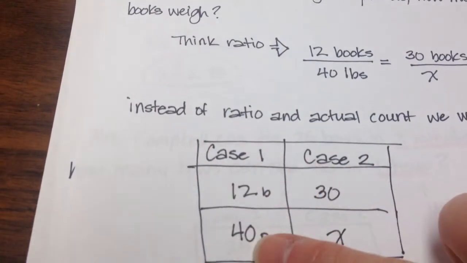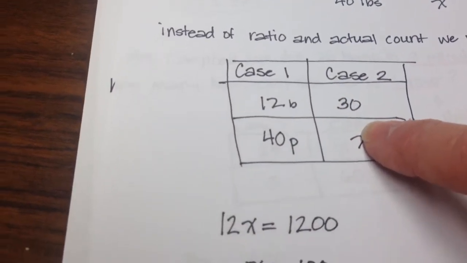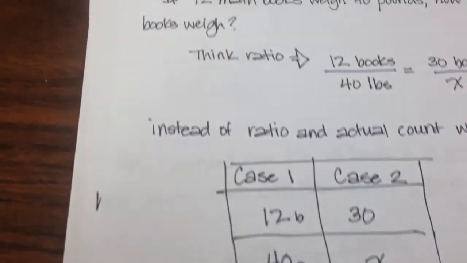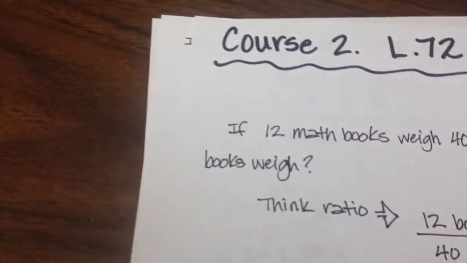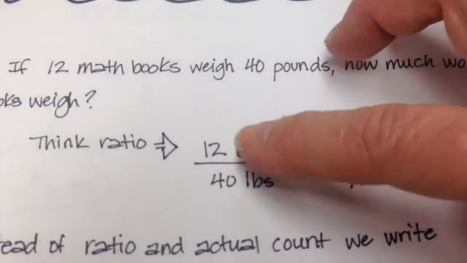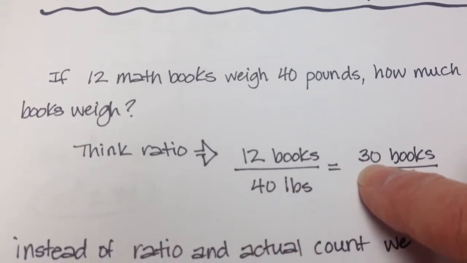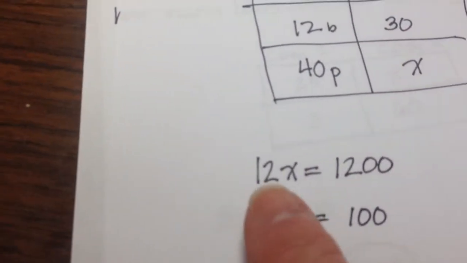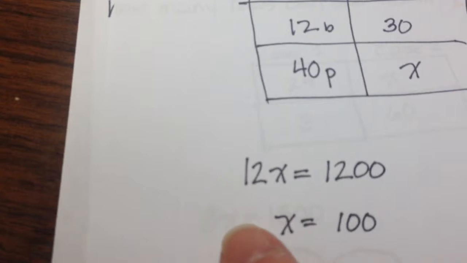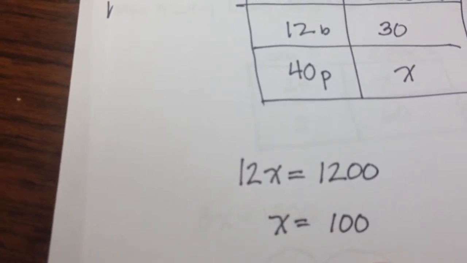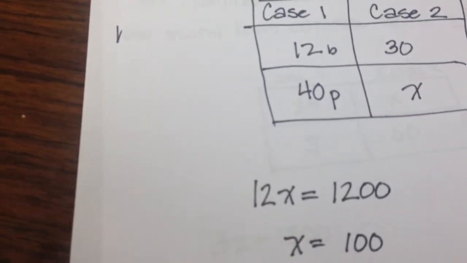So I have my ratio all set up, right? So it would be 12x equals, what's 40 times 30? 1200. So 12x equals 1200. Divide that by 12, x equals 100. So 30 books would weigh 100 what?